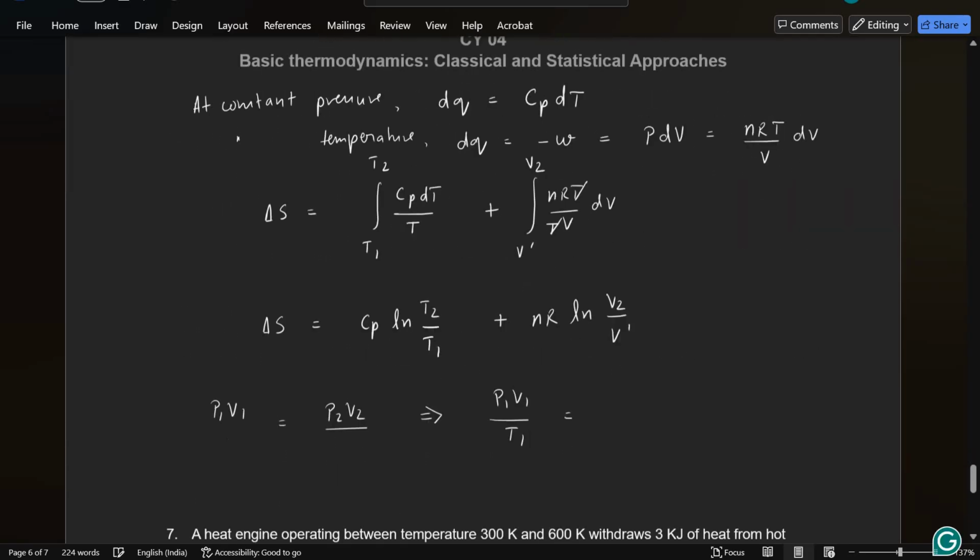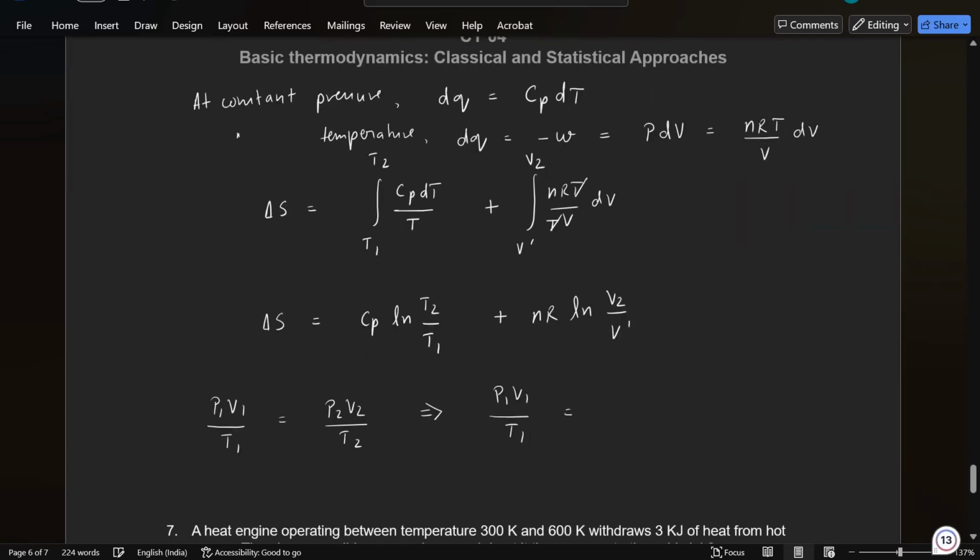Pressure is still the same, so P1 V dash by T2, and P1 cancels. We want V dash, right? So V dash is equal to T2 by T1 into V1.